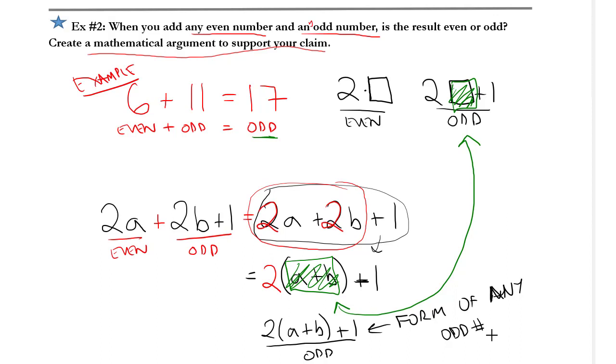Okay, great. So in your classwork, there are a few other proofs, legitimate arguments that you can make now that we have an understanding of what factoring is and an understanding of how to algebraically represent different types of numbers, in this case, even numbers and odd numbers.